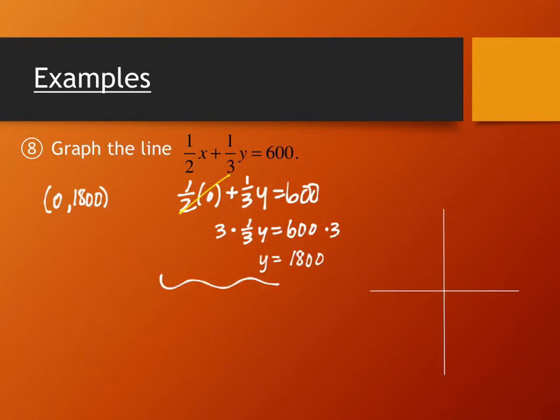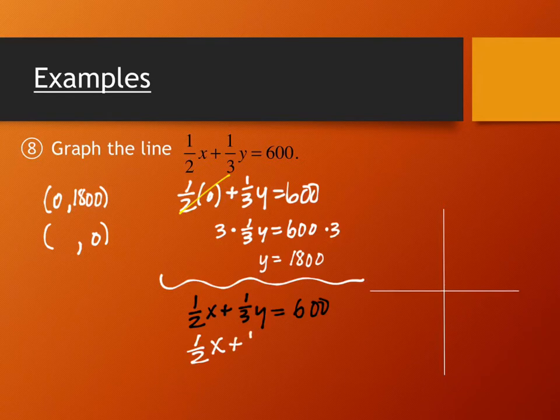And then we'll do the same thing with the other one. So 1/2 x plus 1/3 y equals 600. And we're going to let y equal to 0. So I have 1/2 x plus 1/3 times 0 equals 600.